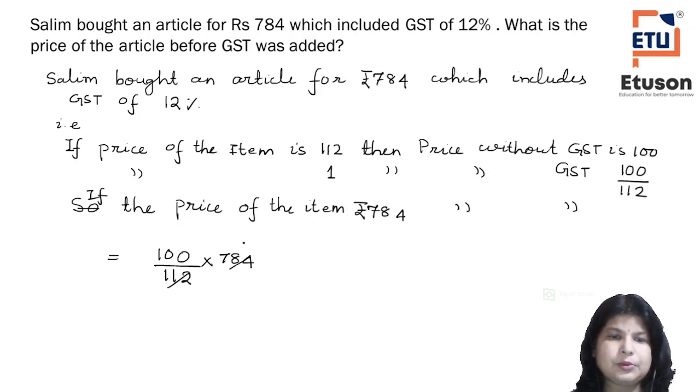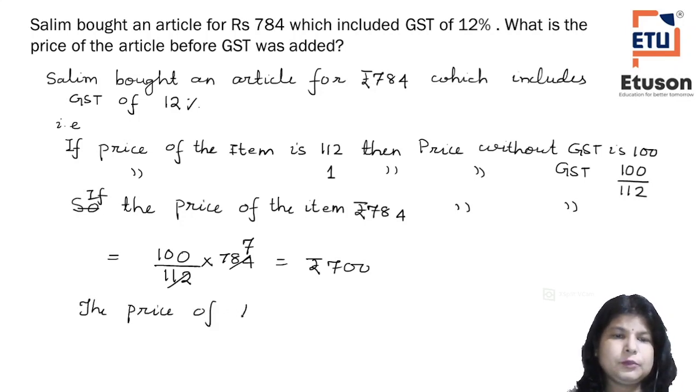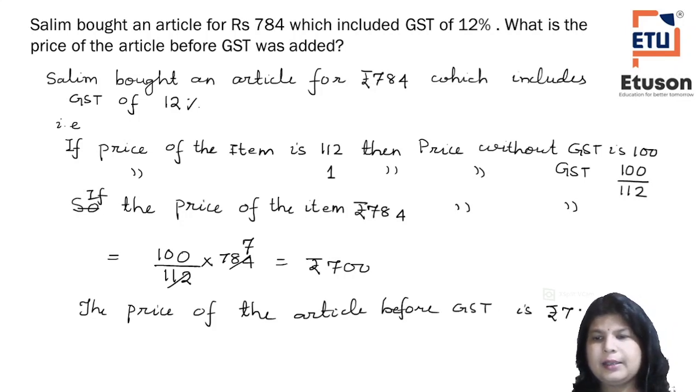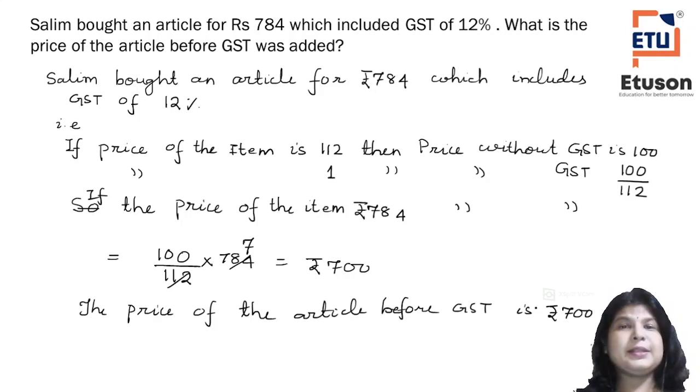So this gives you 7. So the answer is 700. So the price of the article before GST is rupees 700. Correct? Correct, children? Hope you have understood.